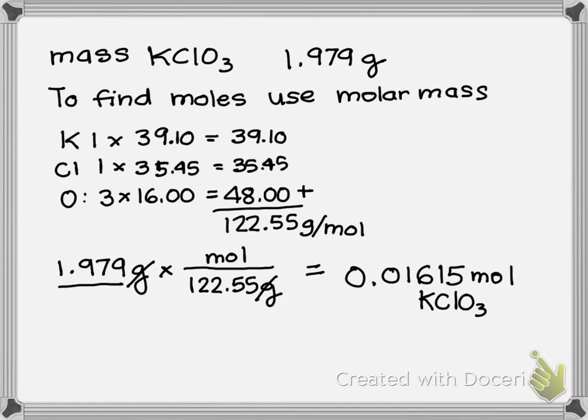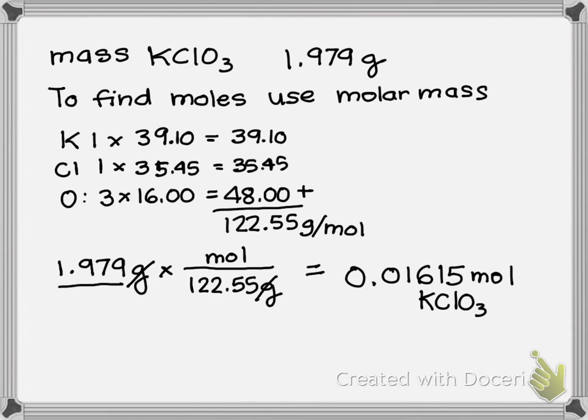So now to determine the moles of KCl and the moles of oxygen, you will use the grams that we determined and then divide each one by its respective molar mass. And then to find the ratio, which I am not going to do right here, but we'll be happy to answer questions about. I want you to try to do it.